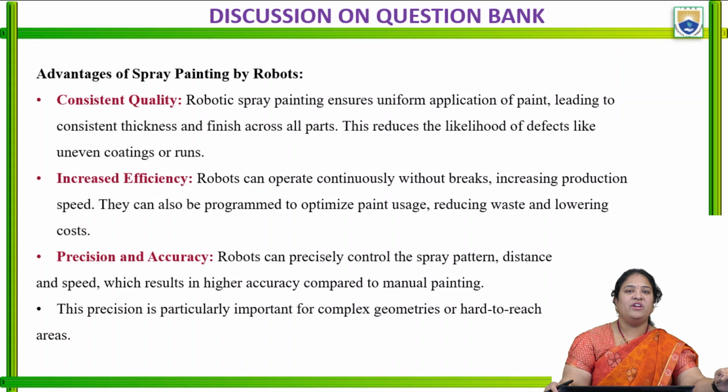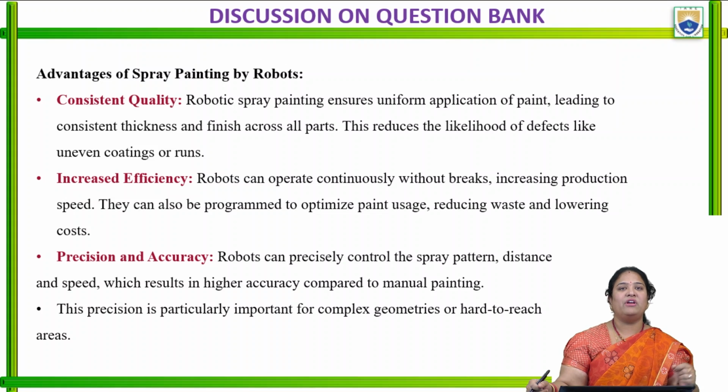When we consider consistent quality, the robot doing the spray painting ensures uniform application of the paint, leading to consistent thickness and finishing across all the parts. It reduces the likelihood of defects like uneven coating or runs.